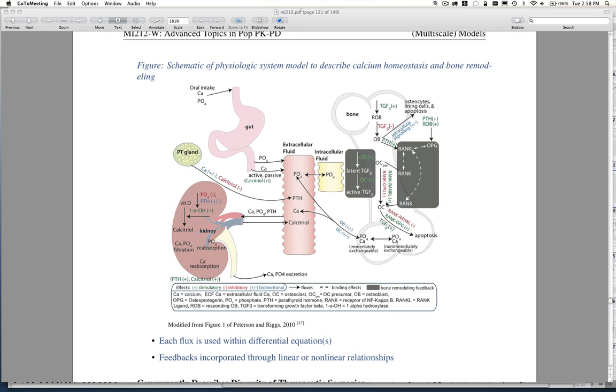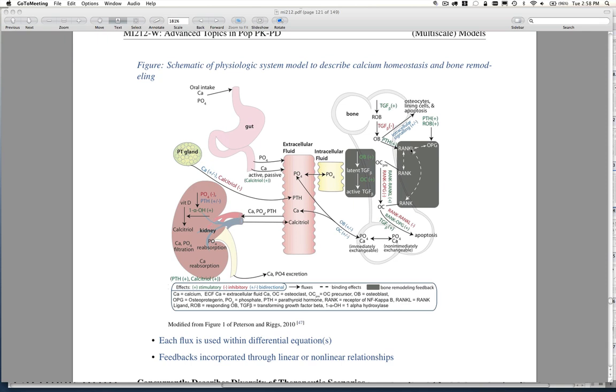There's actually an emerging field of biology here that shows that without this interaction between RANK and RANK ligand expressed on osteoblasts and osteoclasts, number one, the osteoclast precursors fail to differentiate into fully functioning osteoclasts, and additionally, those osteoclasts that exist will undergo a more rapid rate of apoptosis.